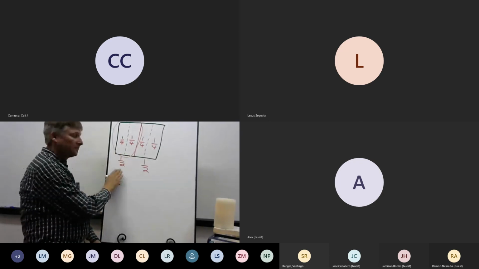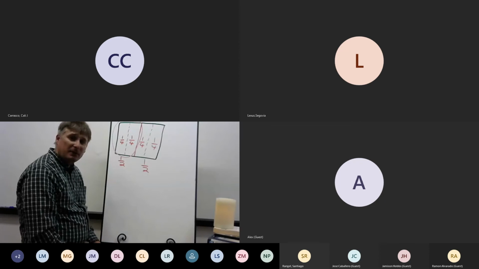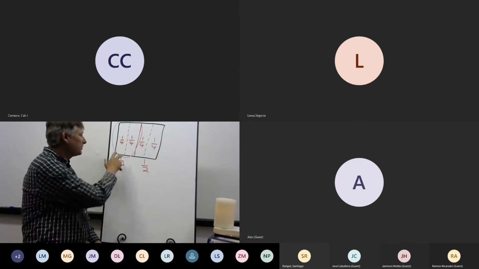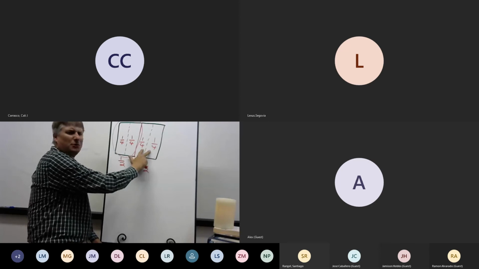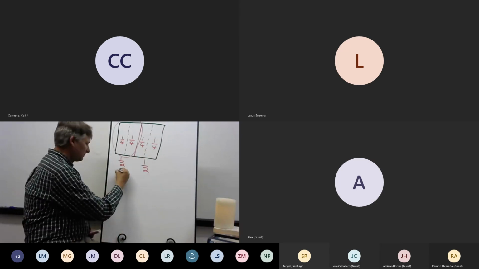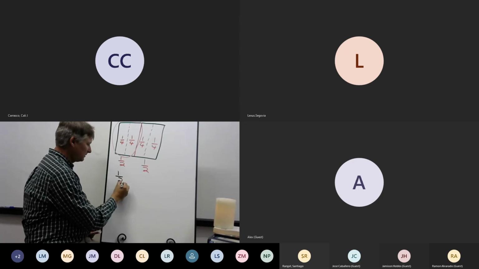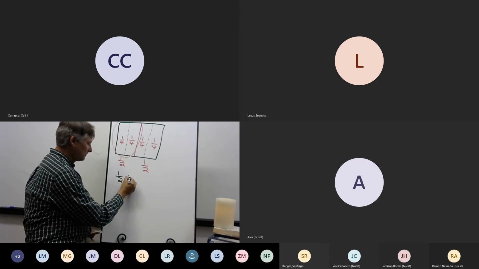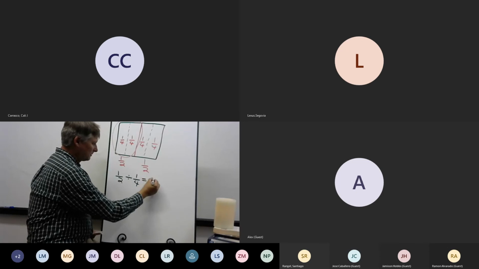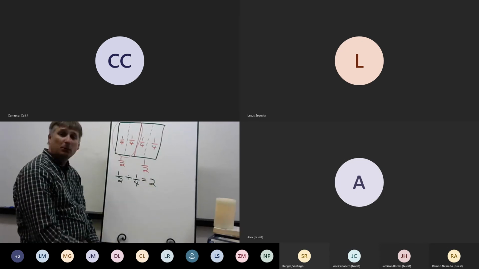So let's take a look at this first half. How many 4ths are in this half? Well, there's 2, just like there's 2 in this other half. So what this says, that's equal to 2.